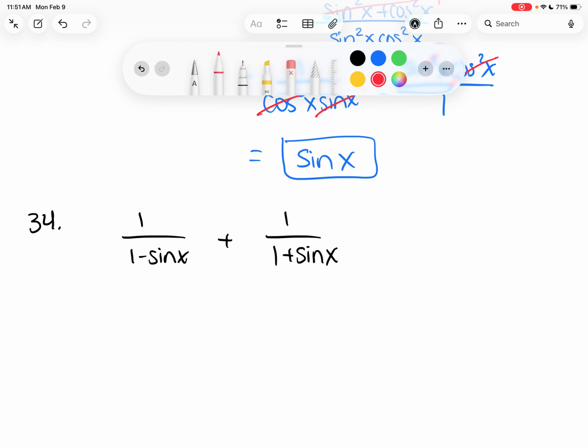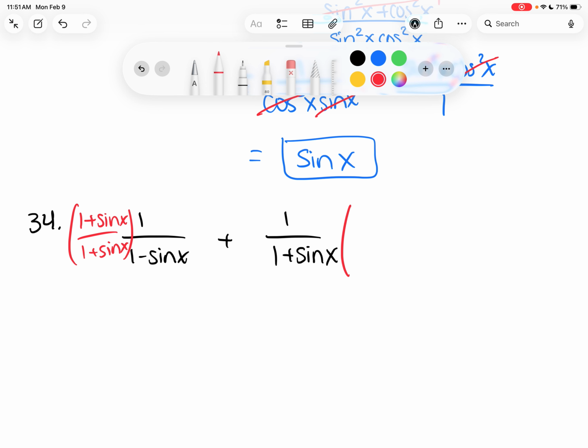In this case, if we think back to our conjugates, it's kind of like that. It's what comes to my mind when I see these. But when in doubt, multiply the one on the left by the bottom of the one on the right, and then the one on the right by the bottom of the left. So we're going to be multiplying by 1 plus sine of x over 1 plus sine of x on the left.